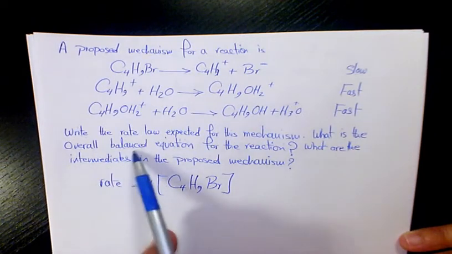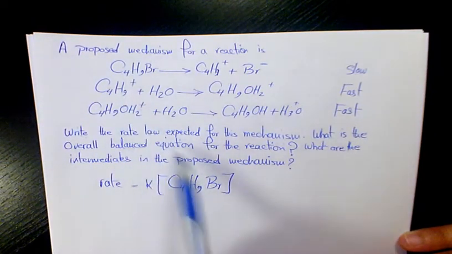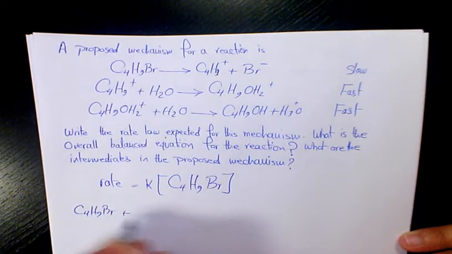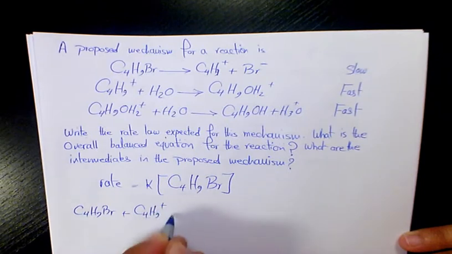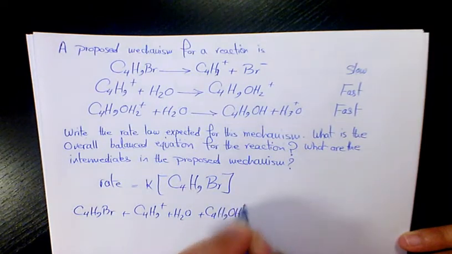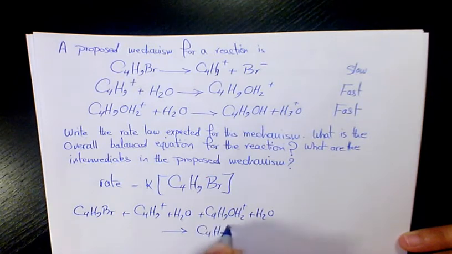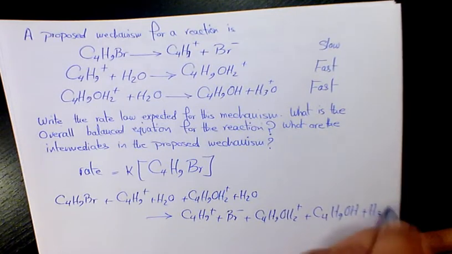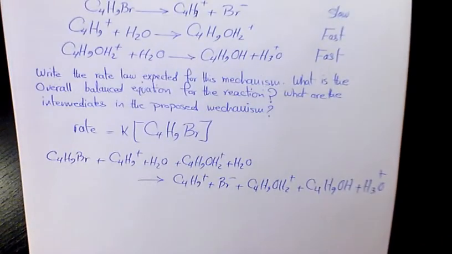What is the overall balanced equation for this reaction? We need to add them all. So it's going to be C4H9Br plus H2O plus C4H9OH2+ plus H2O gives C4H9+ plus Br- plus C4H9OH2+ plus C4H9OH plus H3O+. So now we can cancel them.